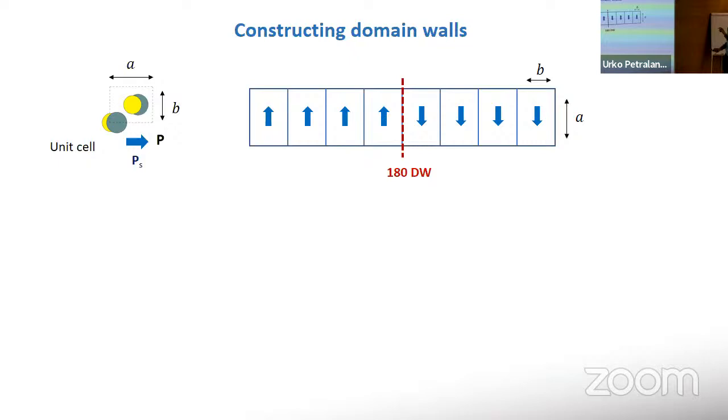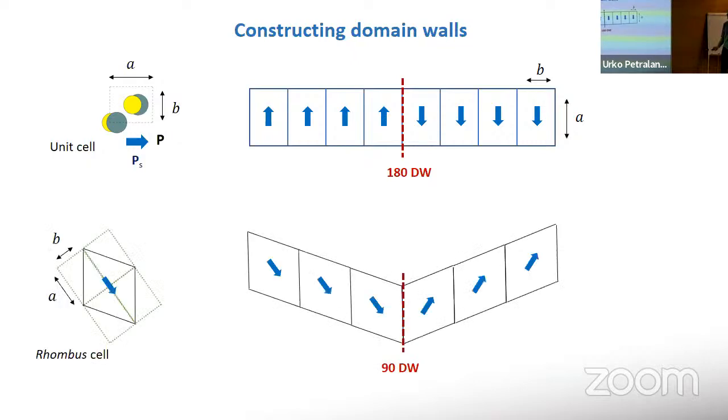To build the domain walls, the only thing we do is flip it 90 degrees, put several unit cells together here, then flip it down and put all the unit cells together on the other side. Normally we use larger domains so that we minimize the interaction between the domain walls. And then we just relax, calculate and see what happens.